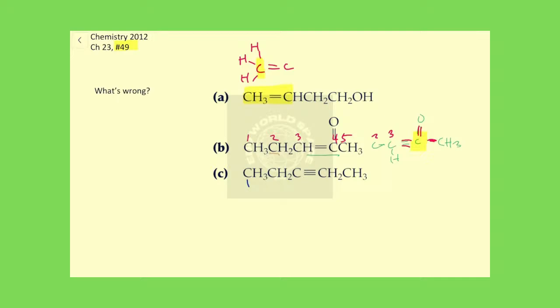Nothing suspicious about that, right? Carbon 2 seems to be the same. Okay, so again, we come across our triple bond here, and I want to redraw that and see if there's anything wrong with it.